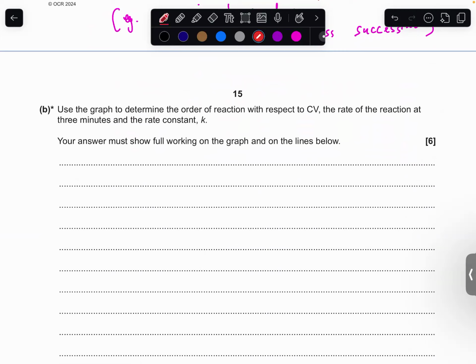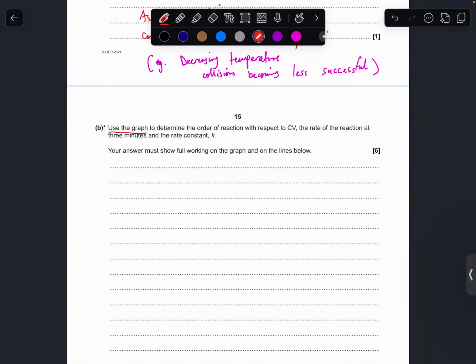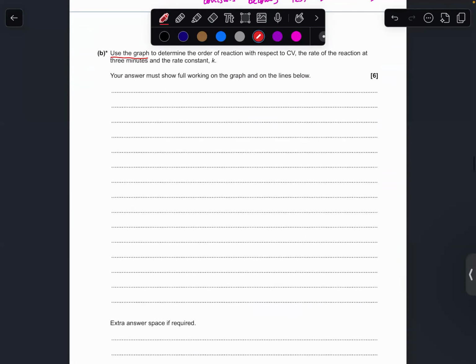Use the graph to determine the... Actually, let me just stop there for a moment. Ladies and gentlemen, with these types of questions, when you've got just a couple of lines and all this blank space, naturally our psychology can make us almost shut down, thinking this question is too hard.